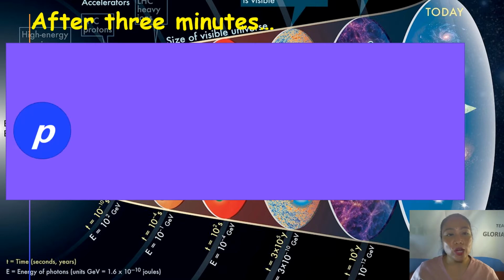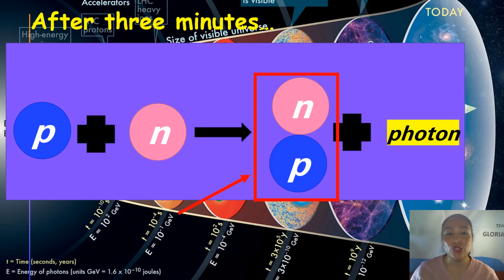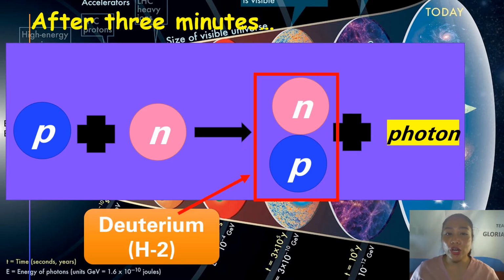Therefore, protons and neutrons combined to form atomic nuclei such as deuterium. Deuterium is also known as hydrogen-2. In the process, a photon is released.